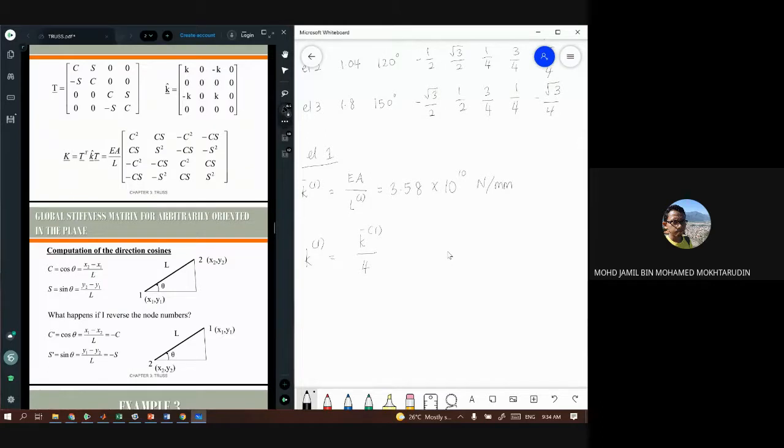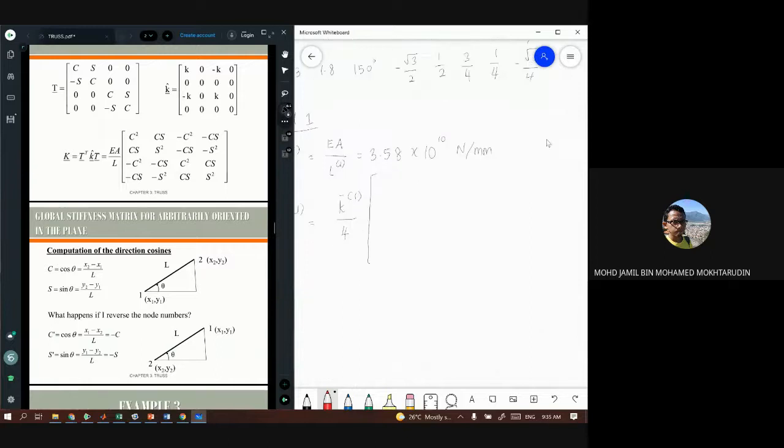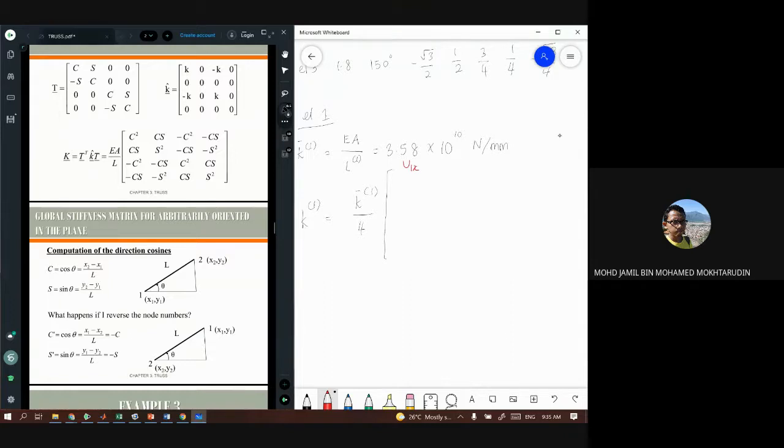Now assemble the matrix. So for element 1, we have node number 1 and node number 3. So in your matrix, it represents the displacement of node number 1 and displacement of node number 3.